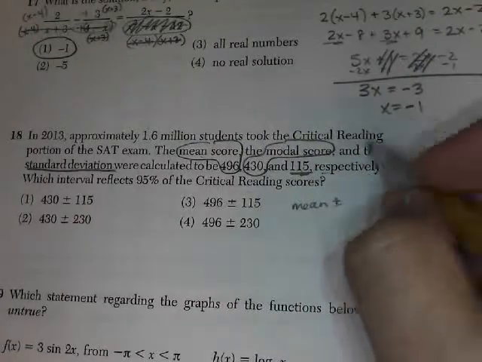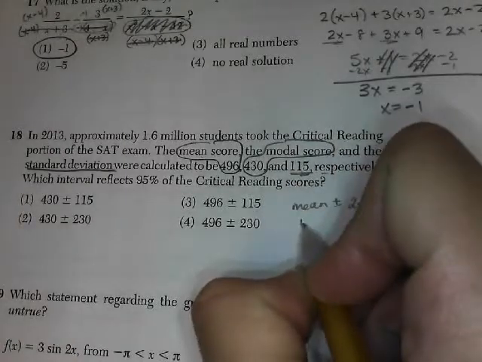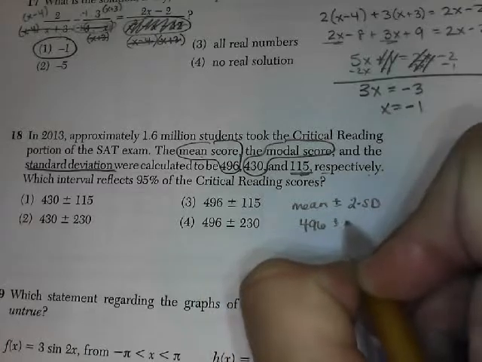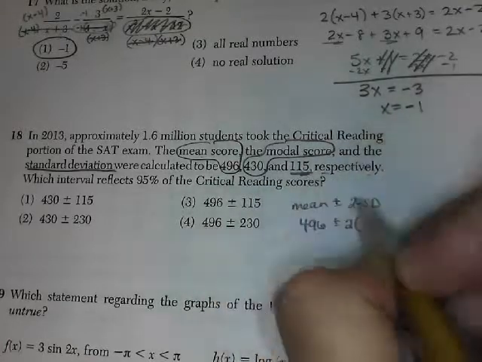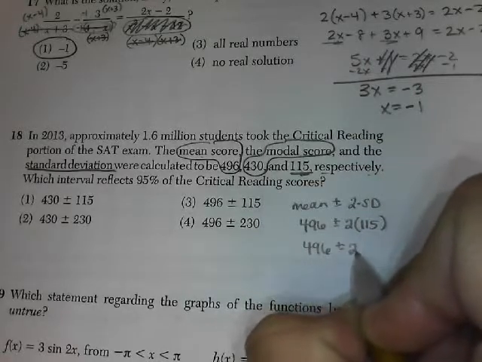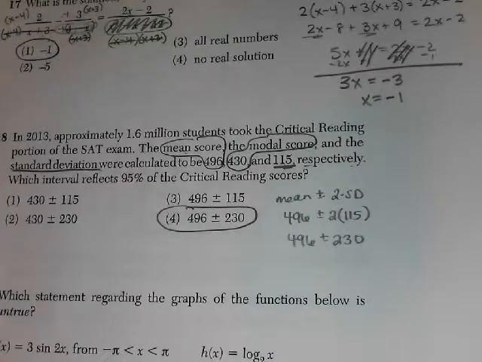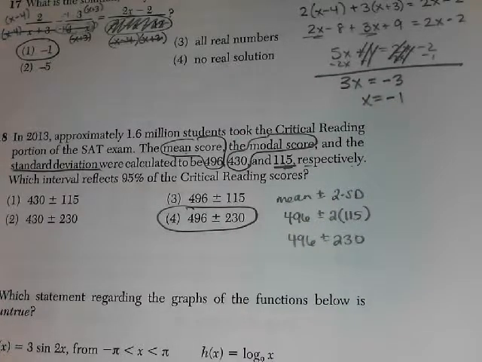That gives us our 95% confidence interval, our margin of error interval, all of those things. So the mean is 496 plus or minus 2 times the standard deviation was 115. So it's 496 plus or minus 230. The mode was given to you for no reason other than to make you sift through what information is relevant and what's not.